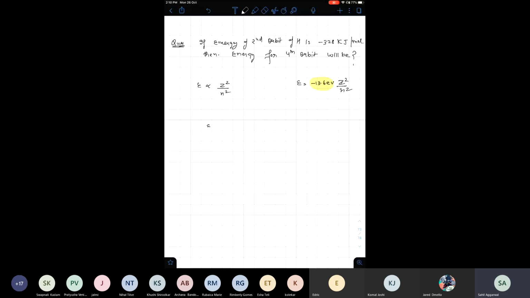That means E1 by E2 will be Z1 square by Z2 square into N1 square by N2 square. Whatever formula you use, Pratyusha, here energy value is already given. You do not have to take care of its own. It's given.